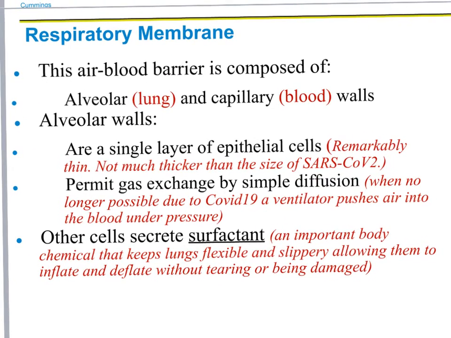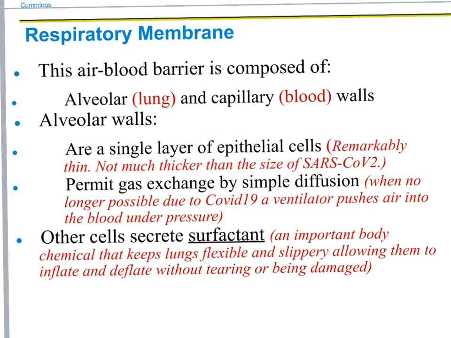So there's some information I've added here on how the gas exchange and the issues that developed during COVID-19 are influenced by the structures here. The walls of the alveoli are very, very thin. And this is good in that it allows for easy gas exchange.